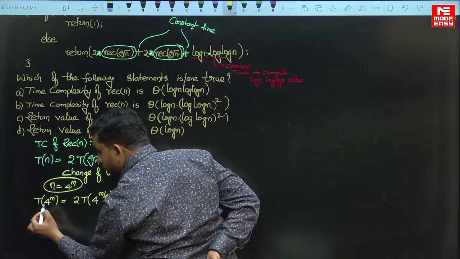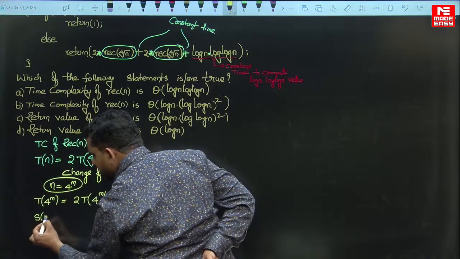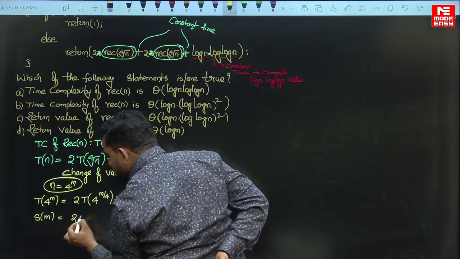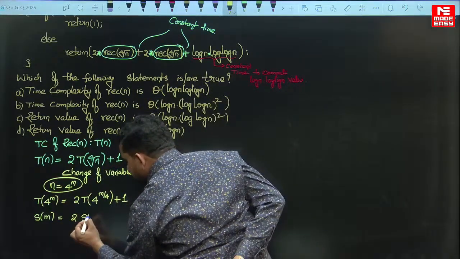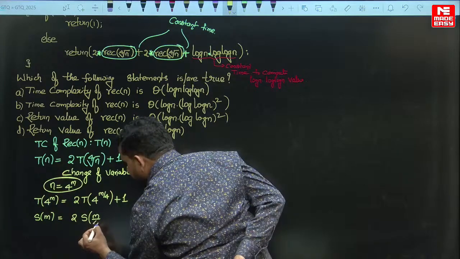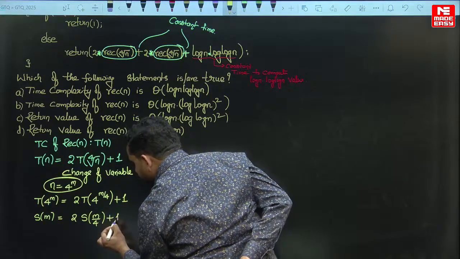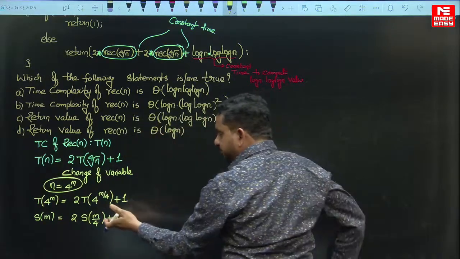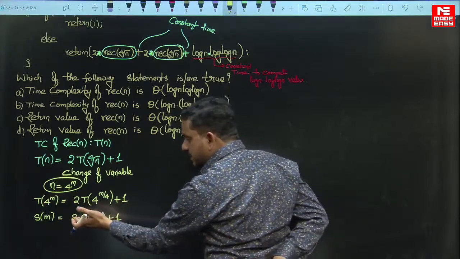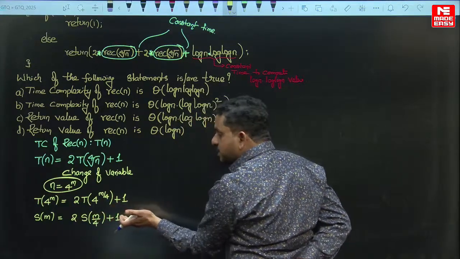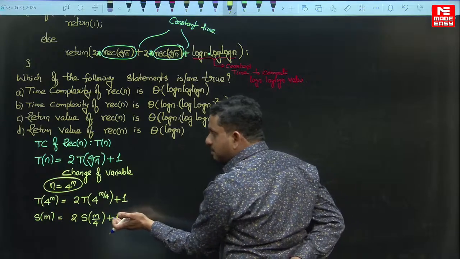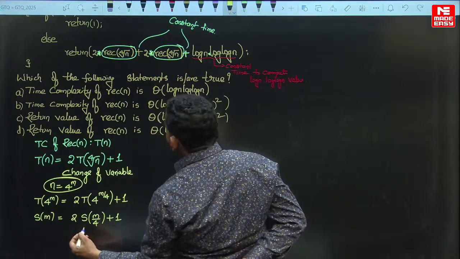Assume T of 4 power m is S of m, so it becomes 2 times S of m by 4 plus constant. Here m to the power log a base b is root m, so master theorem case 2 is applicable.